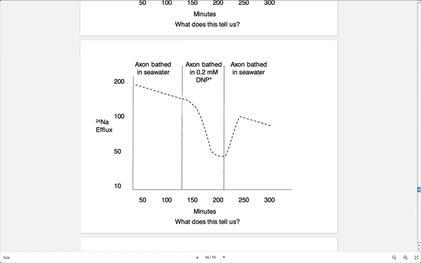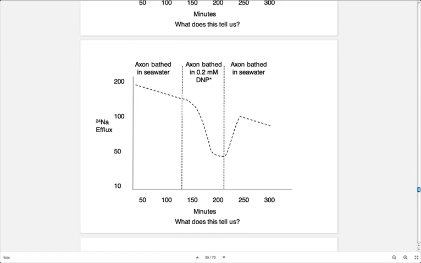And so now you have ATP plateauing. So what does this tell us? Yeah, so it's a sodium, potassium, ATPase. So really a pretty advanced conclusion that was made with really pretty basic experimentation.